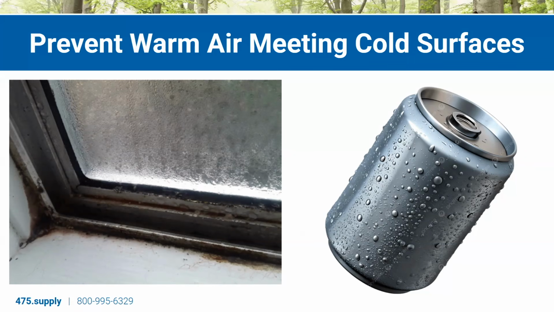So that surface temperature is cold, and our interior warm air is meeting it to condense. It's the same thing that's happening with your soda can out on a summer day. The can itself is cold, the warm outside air is meeting it. That warm air can hold a lot of moisture. The cold air at that surface of the can cannot. So when the warm air meets it, it creates condensation, since that warm air can hold more moisture than the cold air.